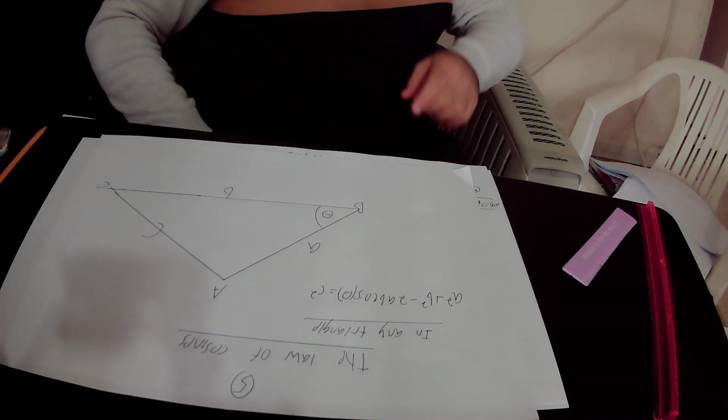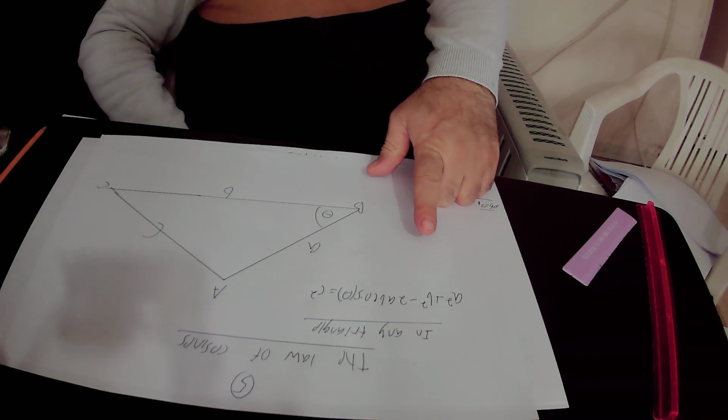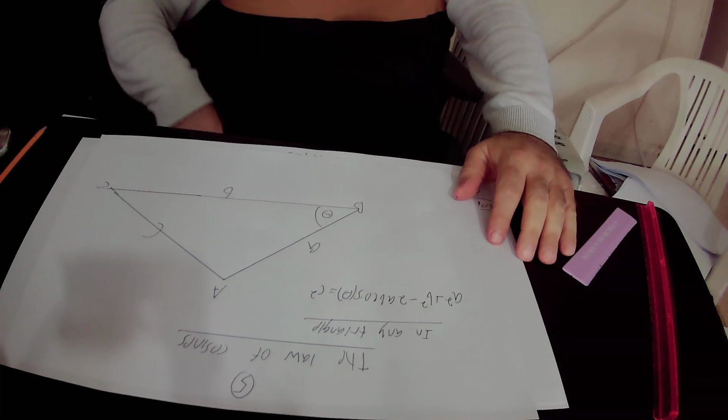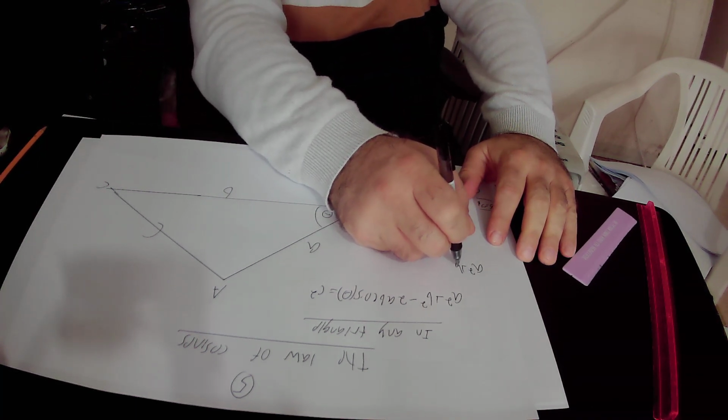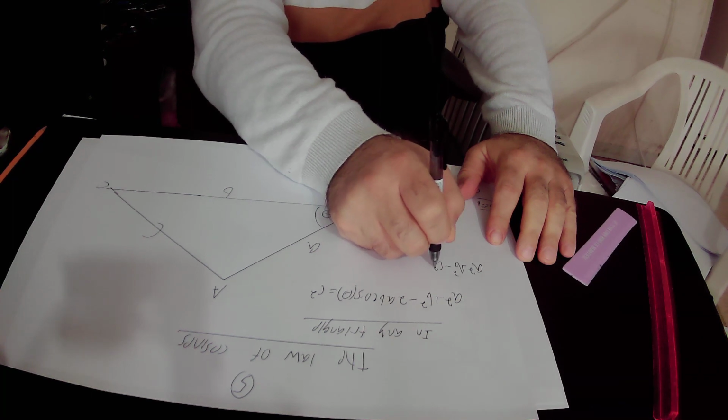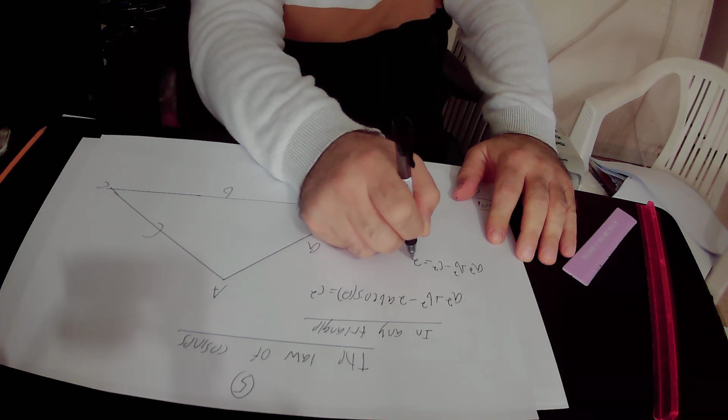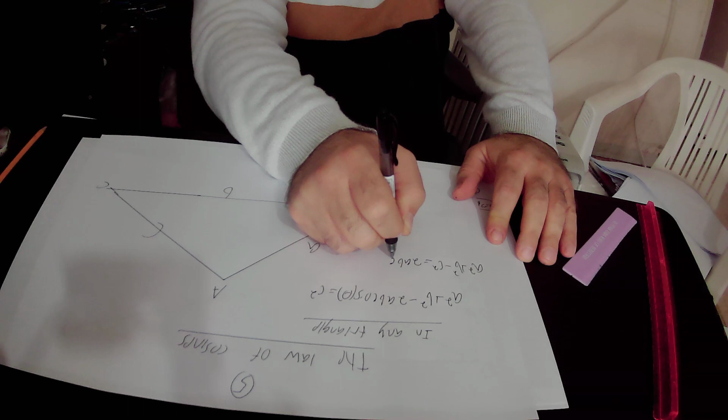Here we will subtract C square and we will also add 2AB cosine theta to this equation, and we will get that A square plus B square minus C square equals 2AB cosine theta.